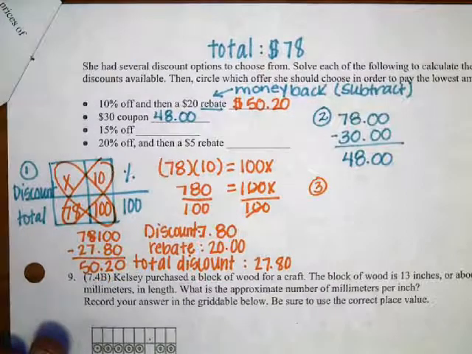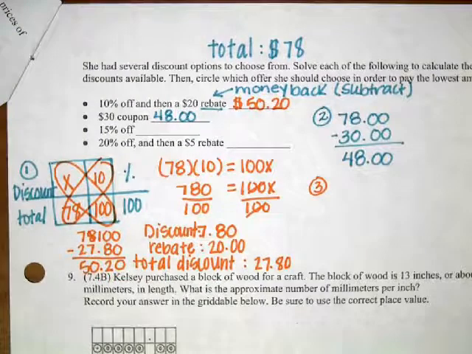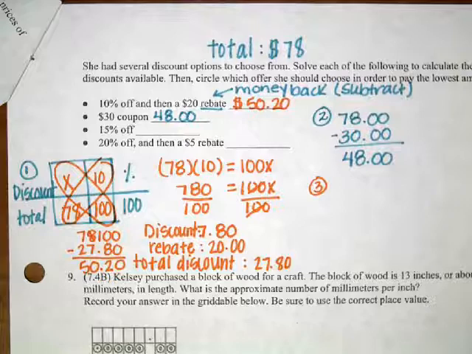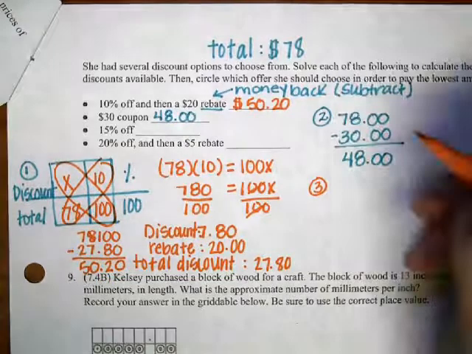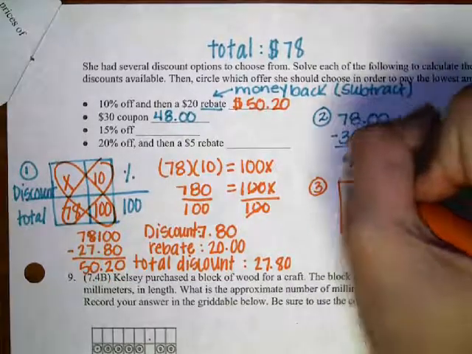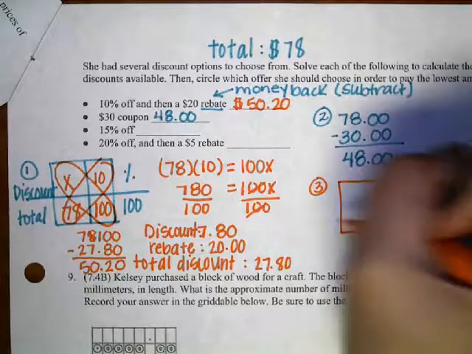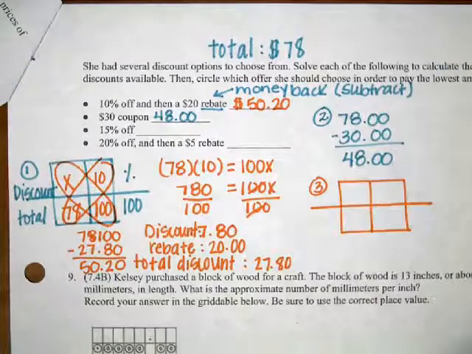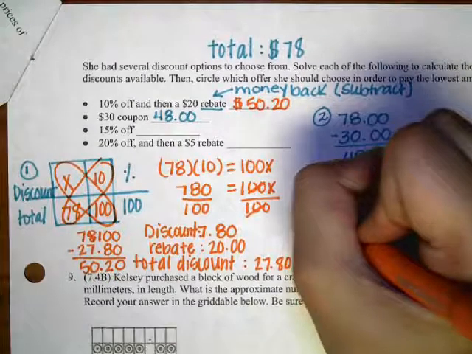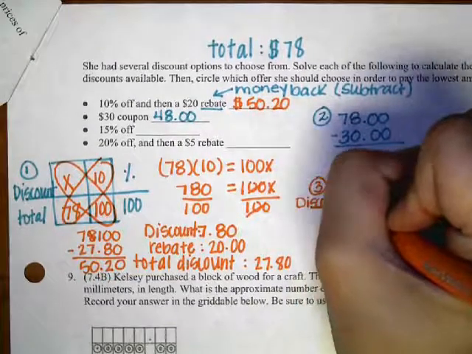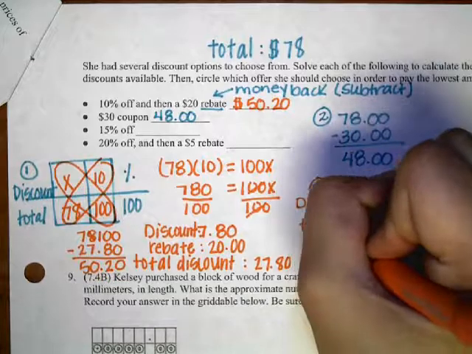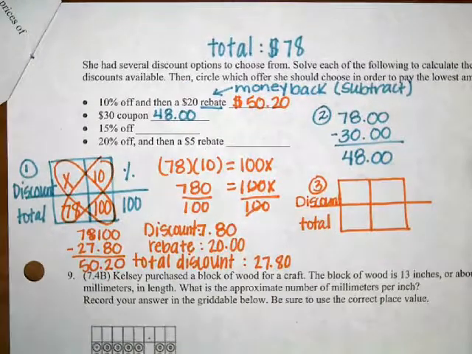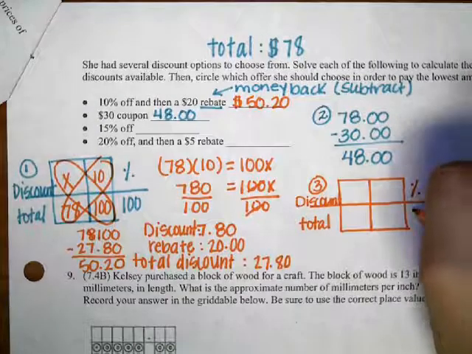Option 3 is when she gets 15% off. Since we don't know 15% of 78, we first need to find 15% of 78 by creating a proportions box. On the left, we're going to put discount over total. And on the right side, we'll be putting percent over 100.